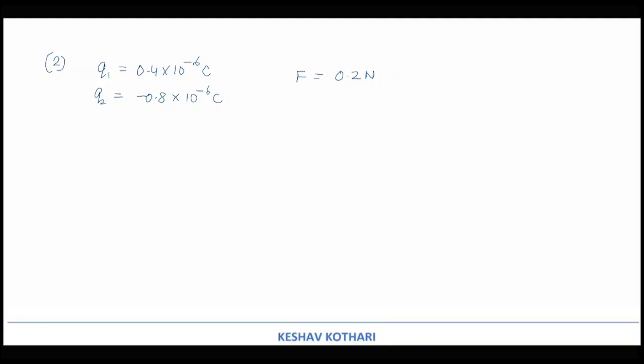So if we approach using Coulomb's law, that is F equals K Q1 Q2 by R square, we can substitute the values: force is equal to 0.2 Newton, K is 9 into 10 to the power 9, Q1 Q2 can be written as 0.4 into 0.8 times 10 to the power minus 12, upon R square.